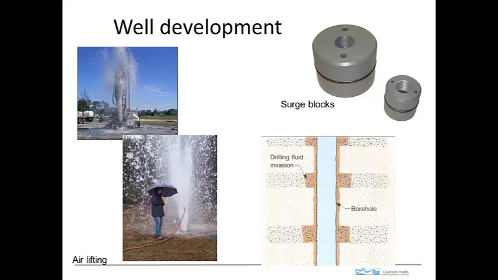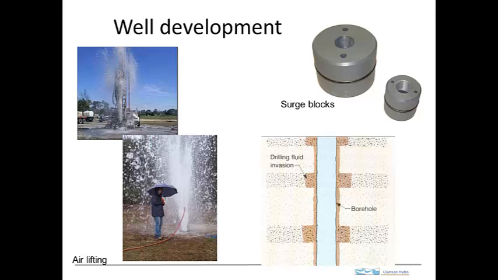The development process is designed to remove this fine-grained material. There are a couple of ways of doing it, but they typically involve generating flow out of the well, or through the filter pack and the formation right around the well, at a fairly high rate. The idea is that that would entrain the particles that are there and remove them.